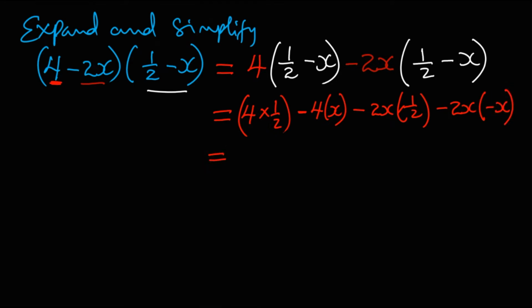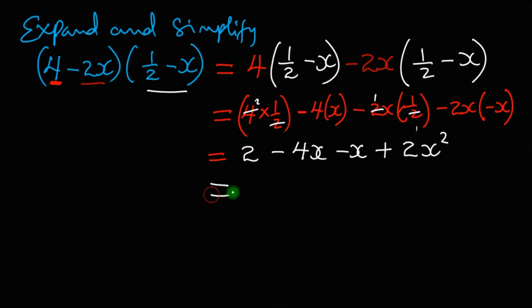So if we work it out, 2 times 1 is 2, then minus 4x, then minus 2 times 1 times 1 times 1, so minus x, then plus 2x squared.